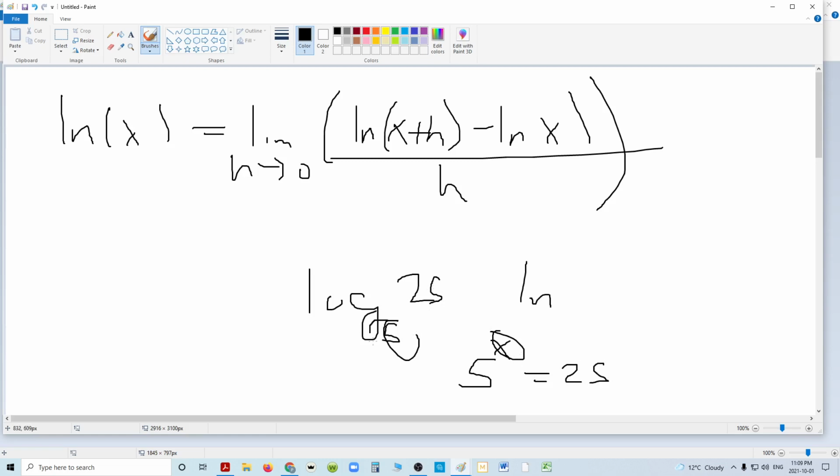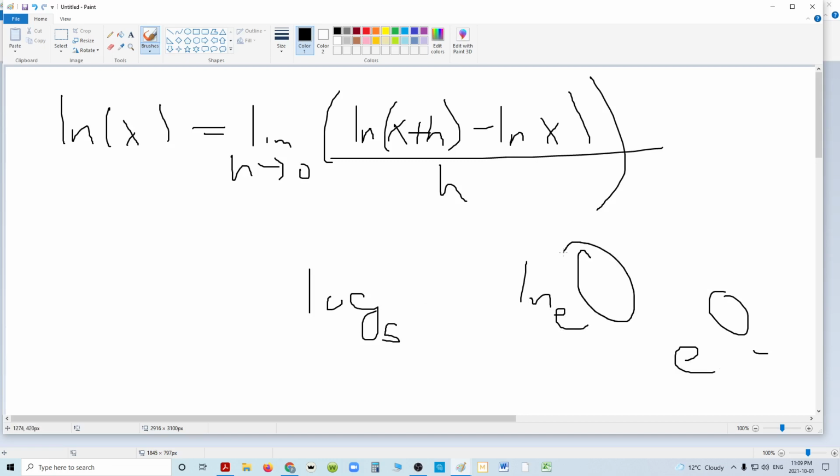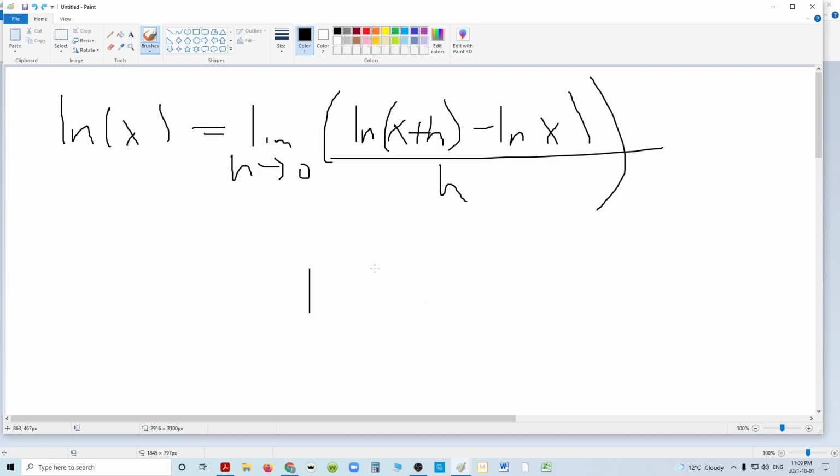Well, it's clear that 5 to the 2 is 25, so the answer in your calculator for this would be equal to 2. Well, ln is just to the base e. That's all ln is saying, what do I have to put e to get whatever's here? So remember all your log rules.